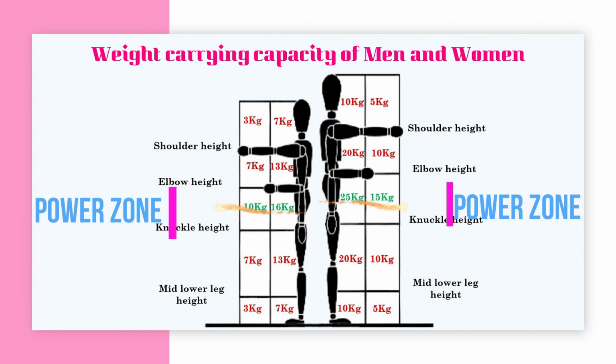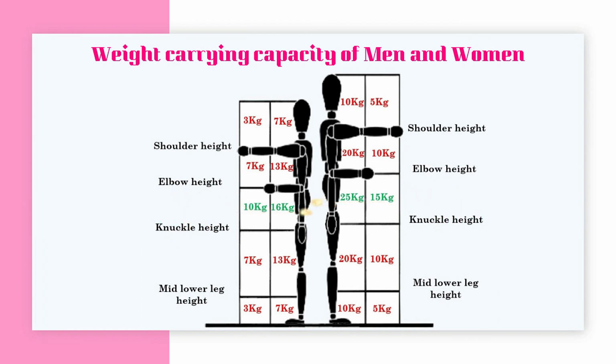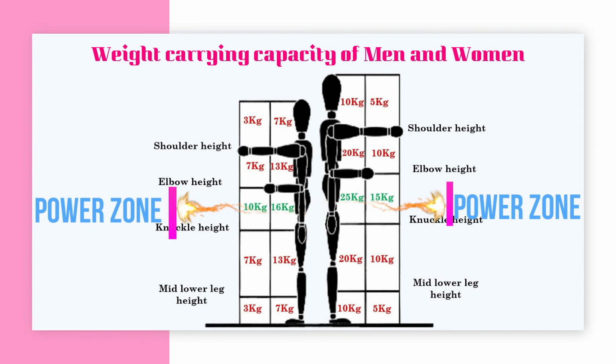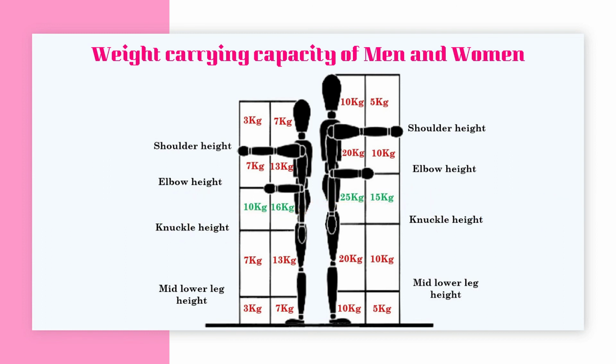And 1 kg weight held at arm's length exerts 100 kg force on the muscle of the back. So the closer it is, the less effort is required and the less force is exerted on the muscle.